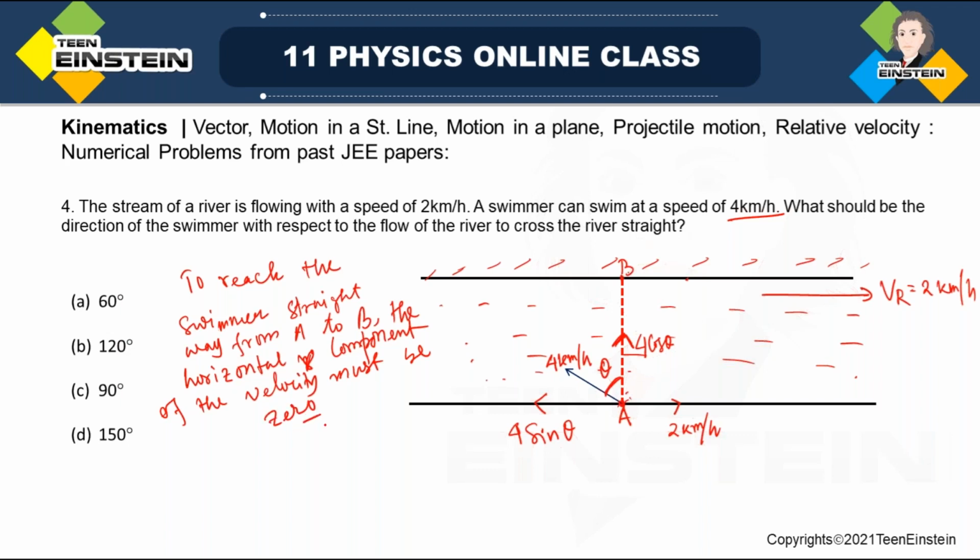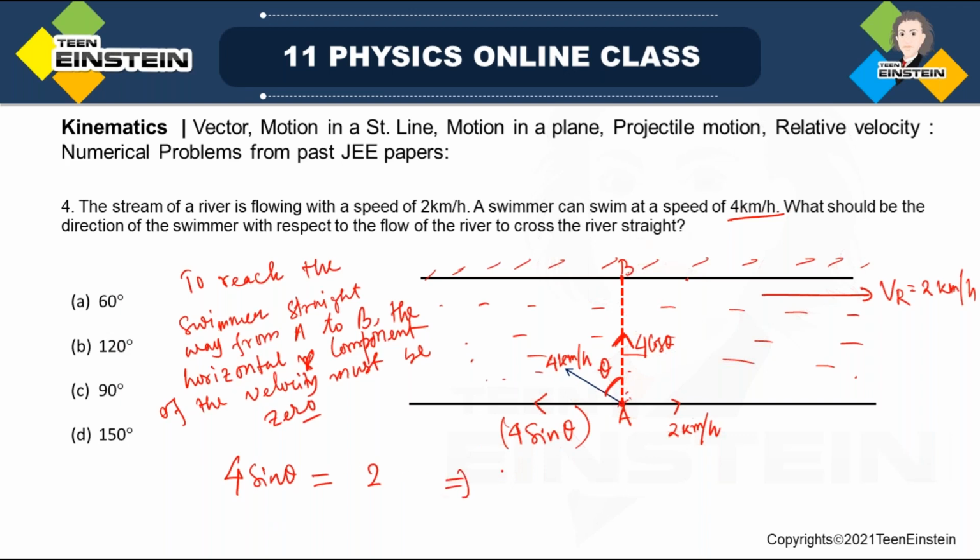That means this 4 sine theta must be exactly equal in magnitude to this 2 kilometer per hour. This is also in the same unit, that's why the unit gets cancelled anyway.